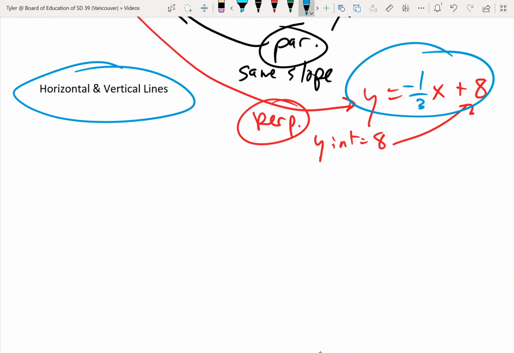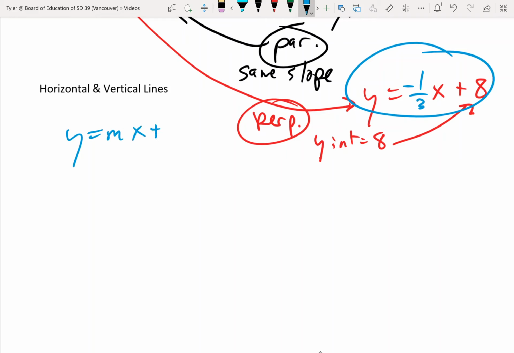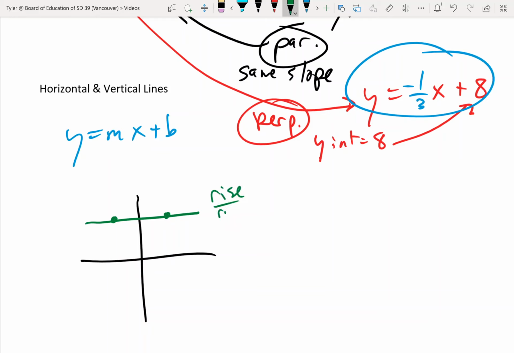So there's two special cases where our equation of y equals mx plus b doesn't work super great. Let's sketch a diagram. If we have a graph like this, I'm going to use this graph to try and write an equation. So from here to here, my rise over run is my slope.